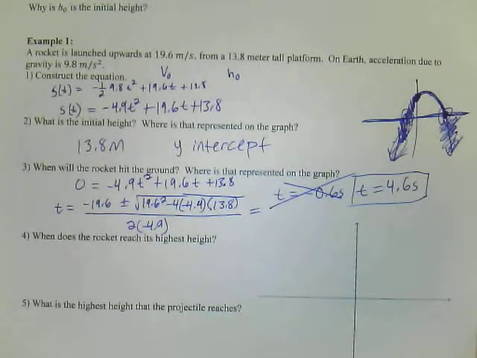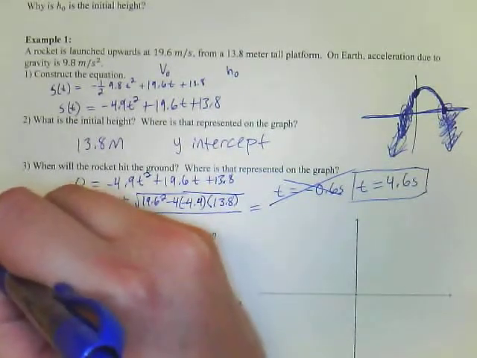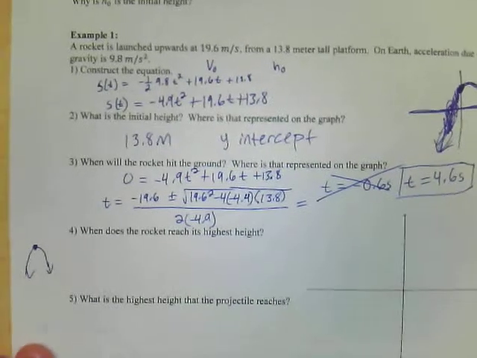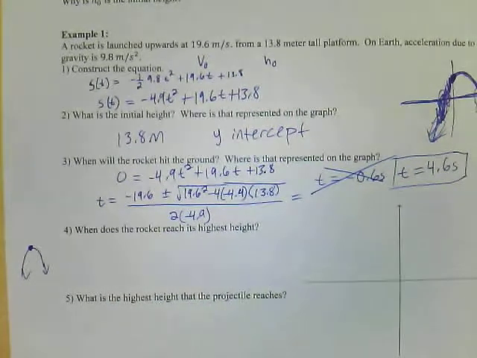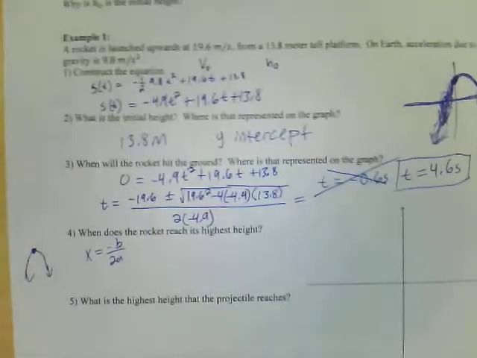All right, question number 4. When does the rocket reach its highest height? So the highest height is going to be the vertex, the extreme value. That's going to be something up there, the vertex here. If we want to know the time when it hits that, that's going to be the t-coordinate of the vertex, or think of it as the x-coordinate of the vertex, and that's given to us by x equals negative b over 2a.